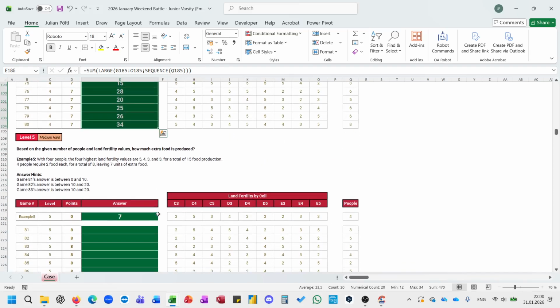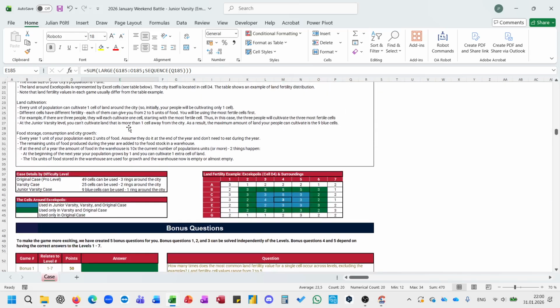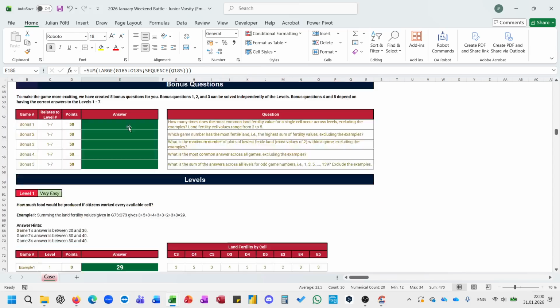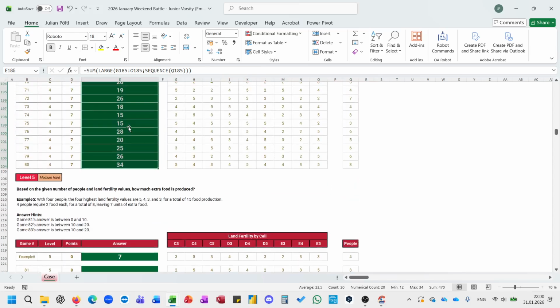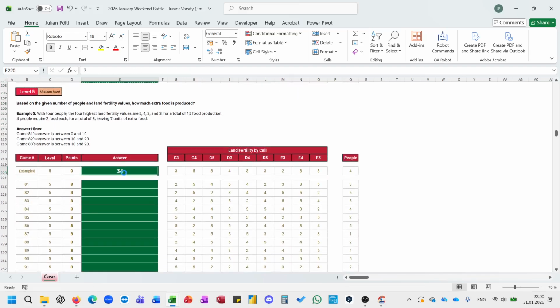Based on the given number of people, how much food is produced? It's a lot of info, but I try my best.